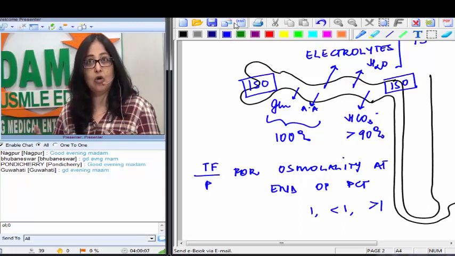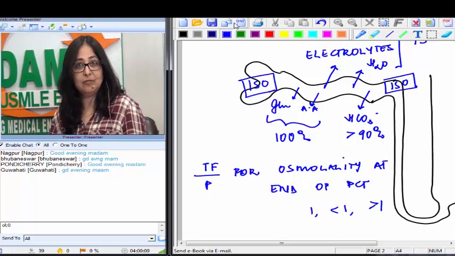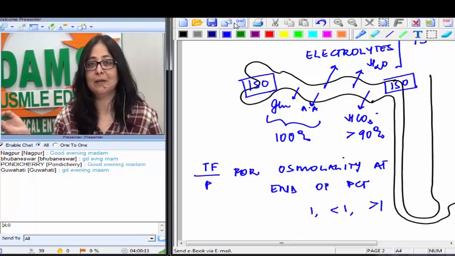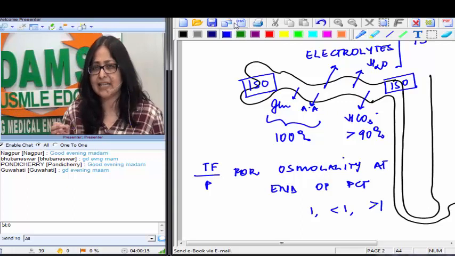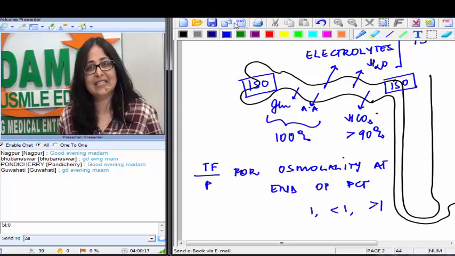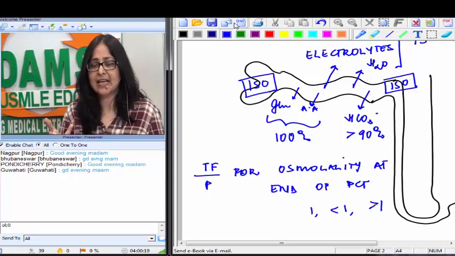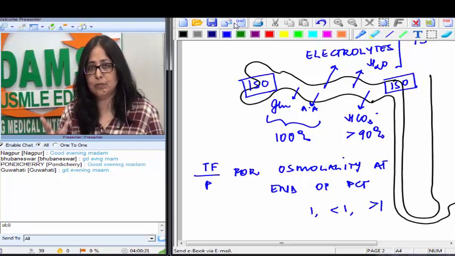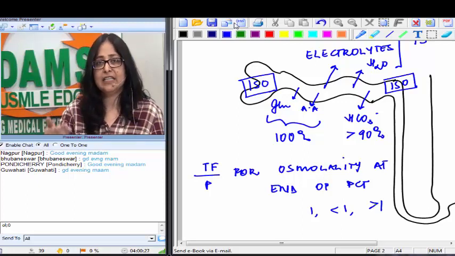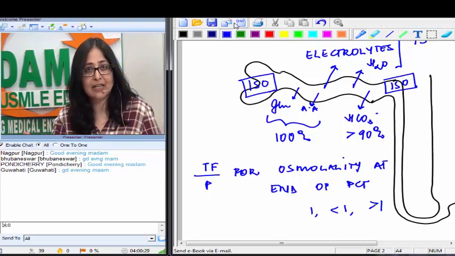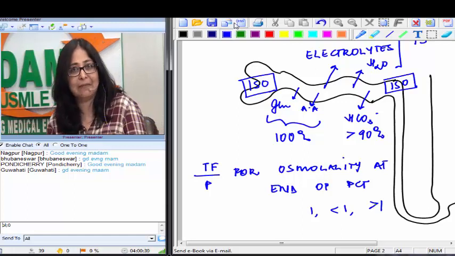What is the tubular fluid osmolality at the end of PCT? Isotonic with plasma. So if plasma osmolality is approximately 290 or 300 milliosmoles per liter, the tubular fluid osmolality is also the same.